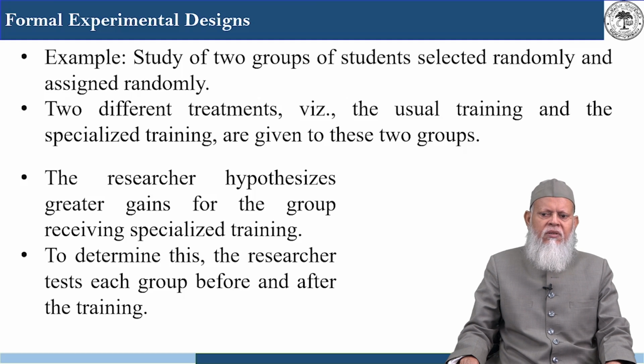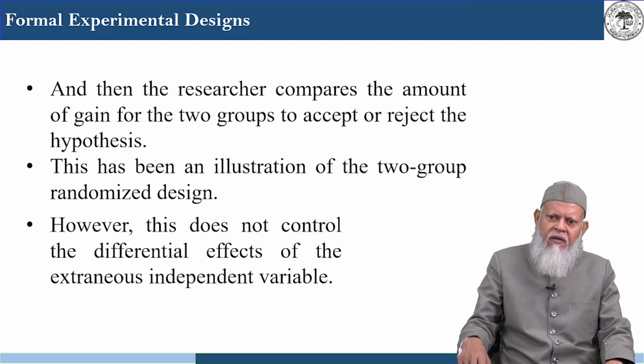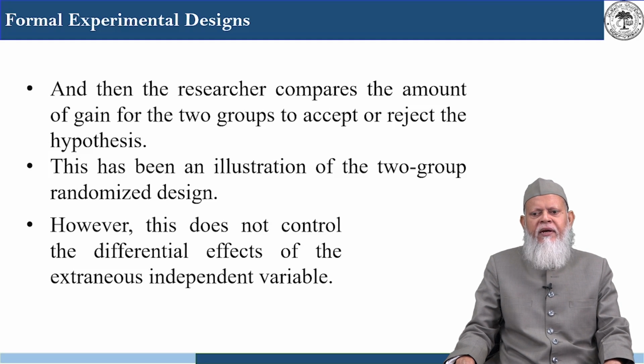So, to determine this, the researcher has to test each group before and after the training. And then the researcher compares the amount of gain, or the amount of, say, the lowering of the glycoindex, for the patients of the two groups to accept or reject the hypothesis.